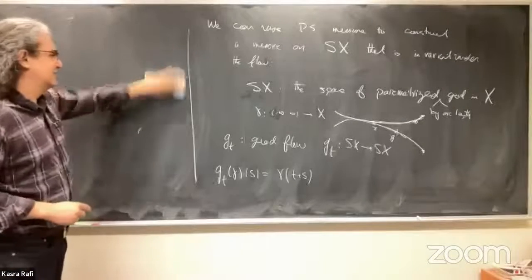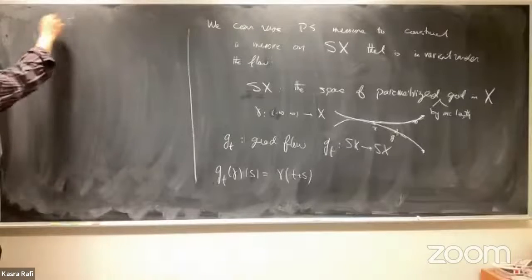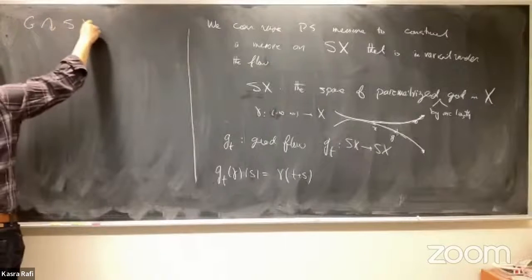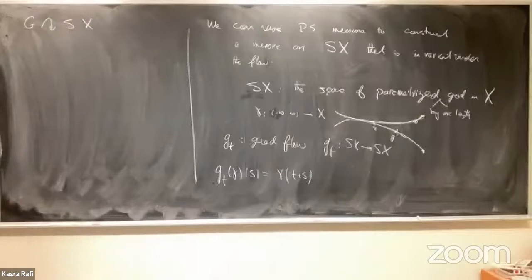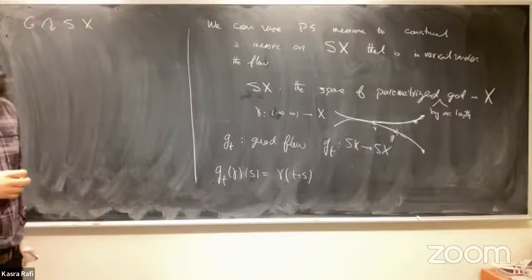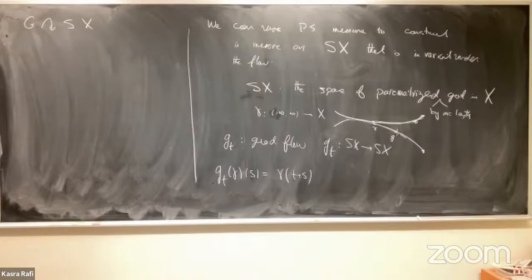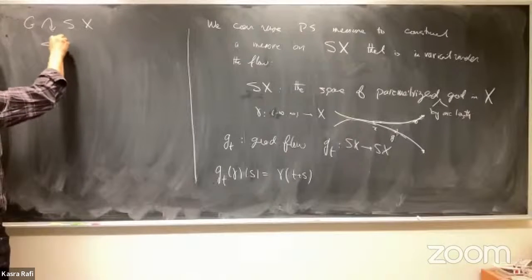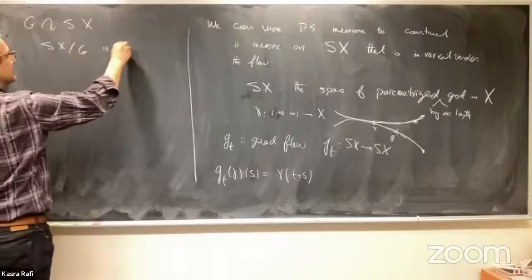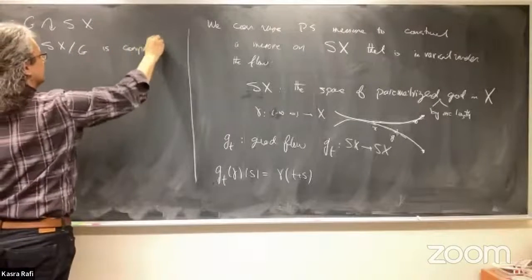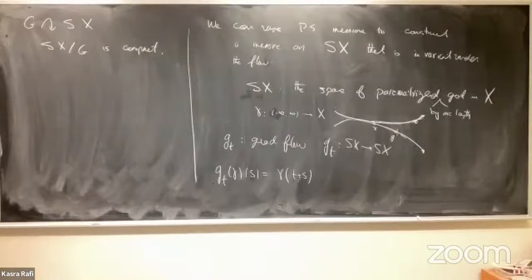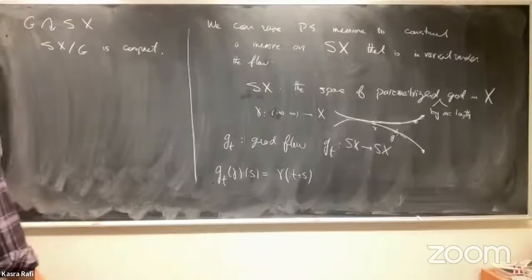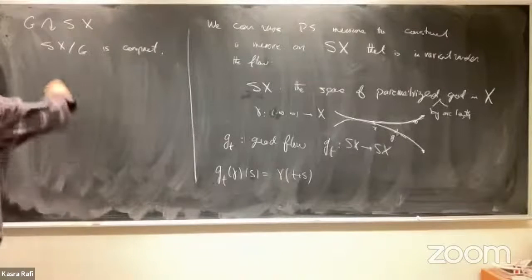Very good. So the other thing is that since G acts on X, G also acts on Sx, right? Kind of in a natural way. Like you send geodesics to geodesics, and the parameterization is also fine. And so this Sx divided by G is compact, since it's a proper cat0 space and the action was geometric, co-compact.